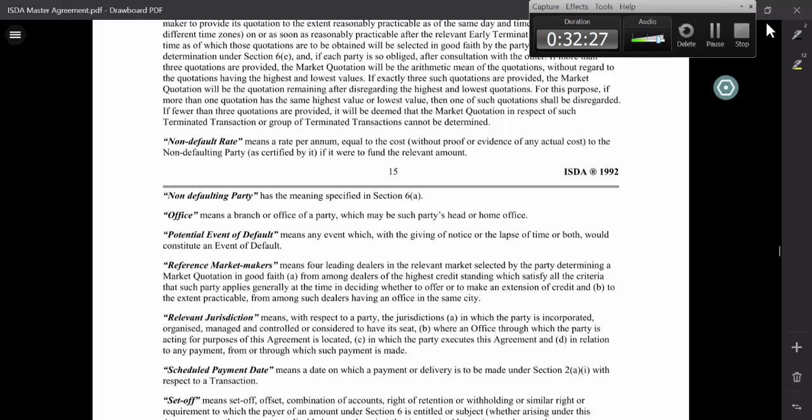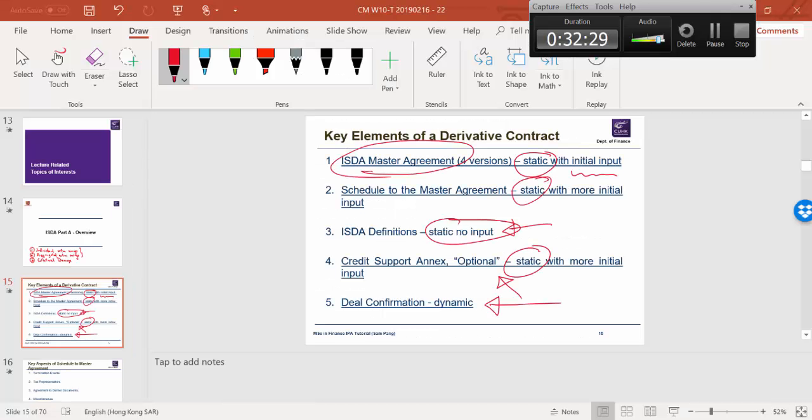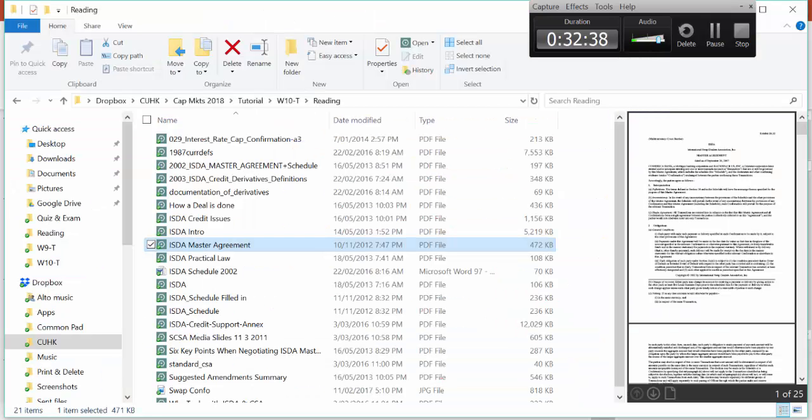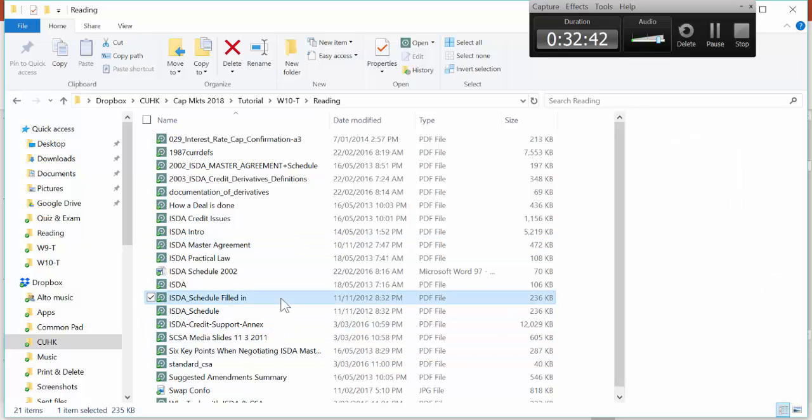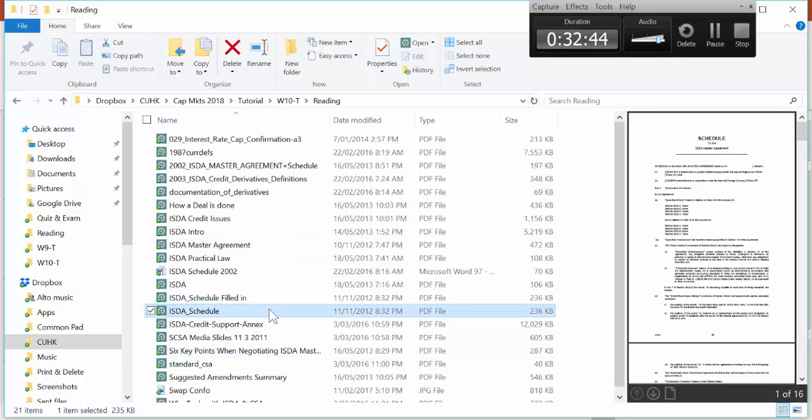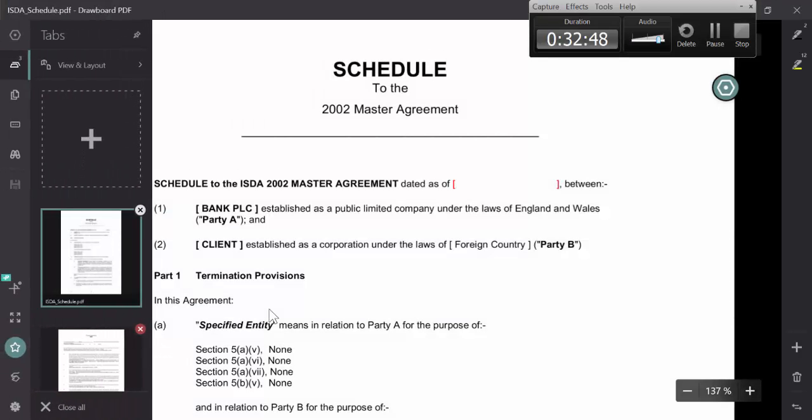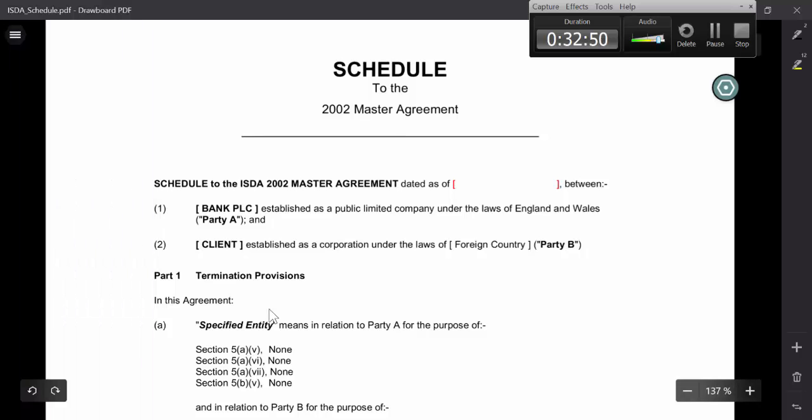I'll show you the document number 2. So schedule, just like the schedule you saw a moment ago on the rental contract. So there's a schedule to the ISDA agreement, and the schedule looks like this.